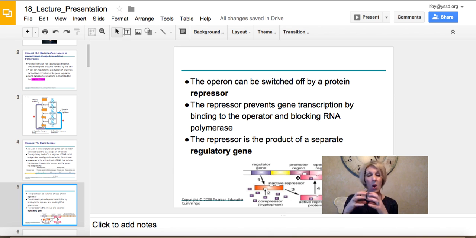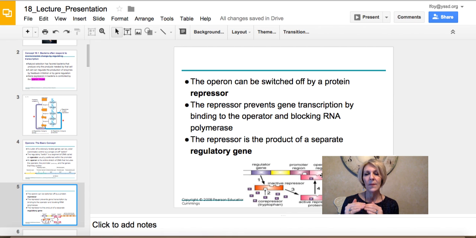So the RNA polymerase cannot sit there and cannot transcribe these structural genes that are downstream. Now, in this case, the repressor in red that was made was actually inactive. It needed a co-repressor to bond to it, and now it's a fully functioning repressor, and that repressor can sit on the operator region.